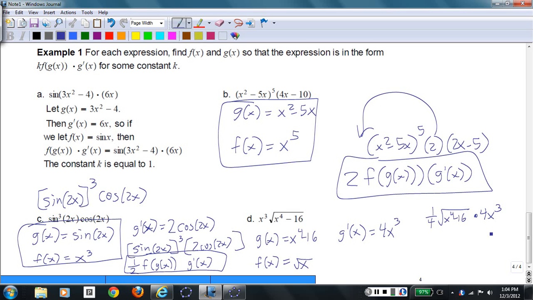So I want to set up so it looks just like that. So I say my k is the 1/4, and the square root of x to the 4th minus 16 is f of g of x, and the 4x cubed is g prime of x. So with this f and this g, my expression is equal to this.